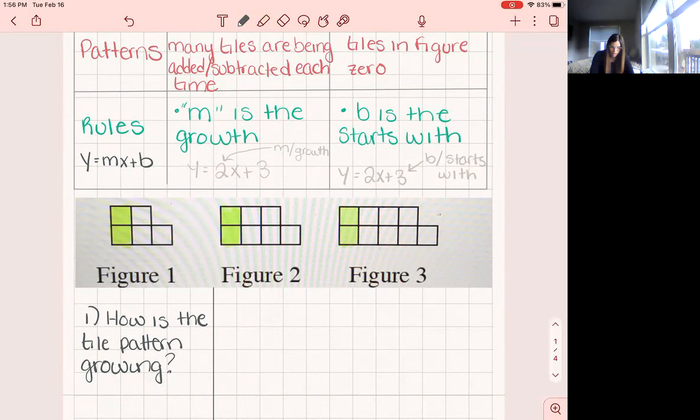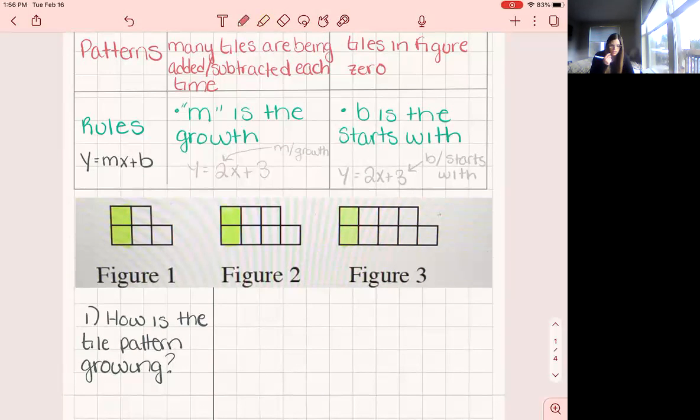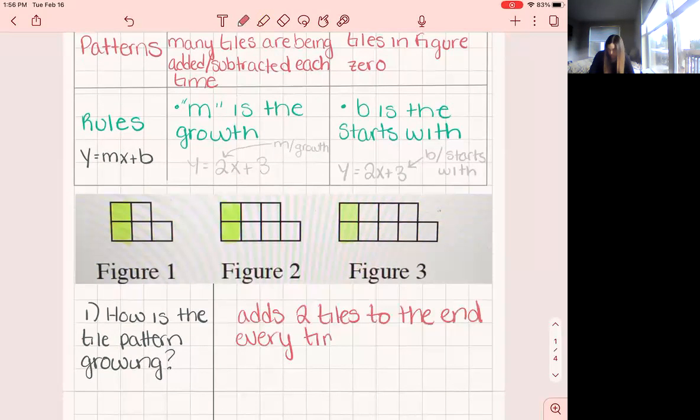As far as our response to how it's growing, this is kind of up to you. I would just say, adds 2 tiles to the end every time we go up a figure number.